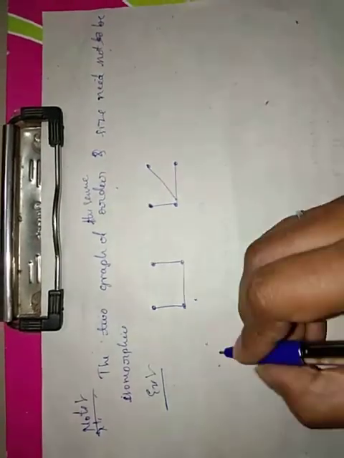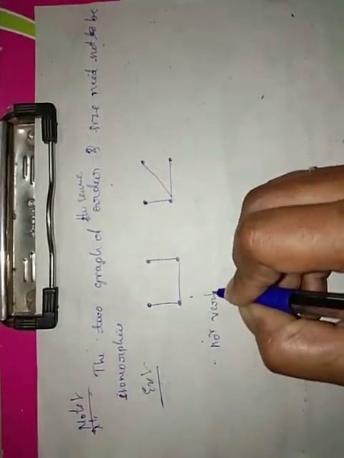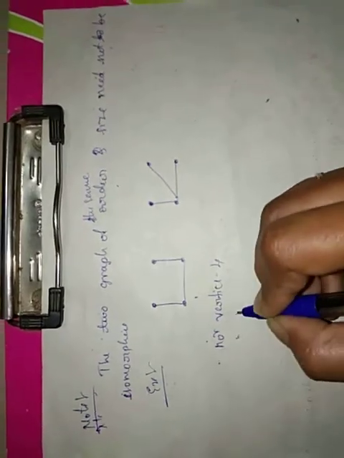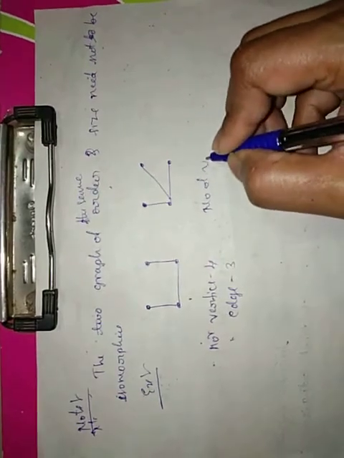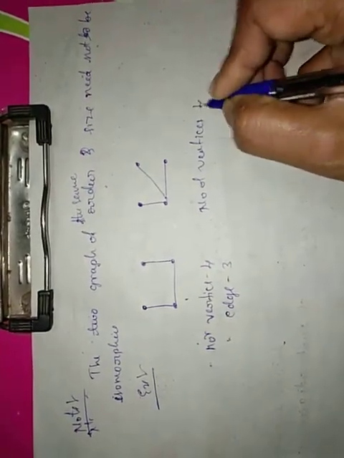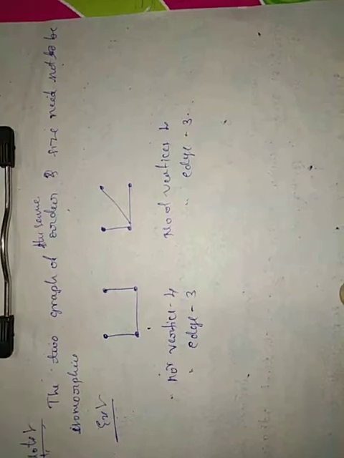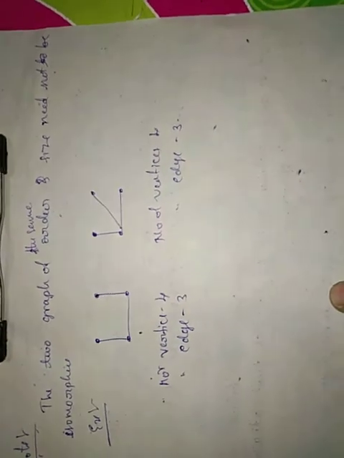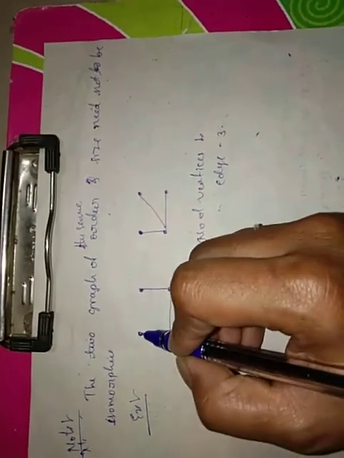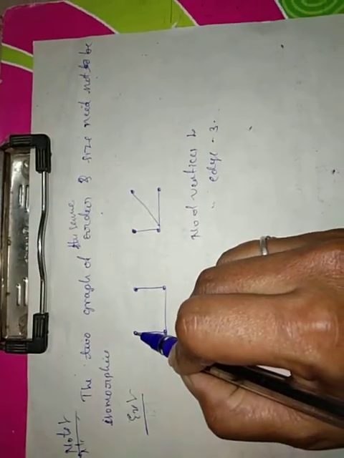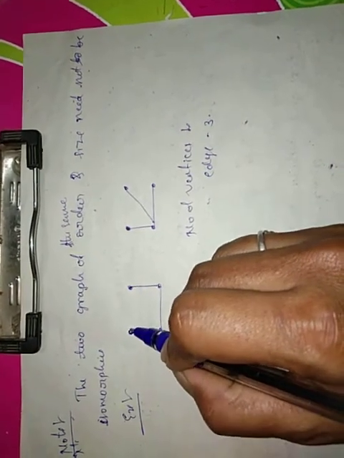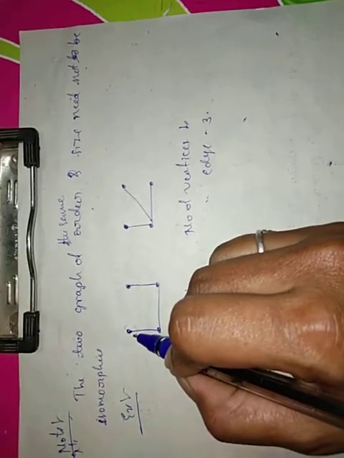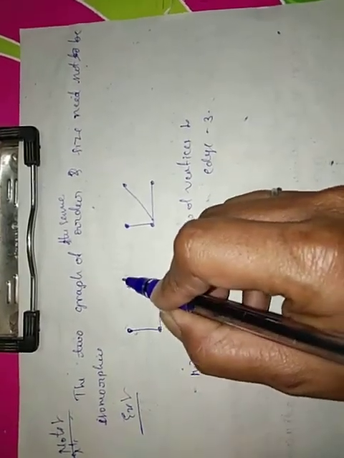See here, the number of vertices is 4 and the number of edges is 3. And here also the number of vertices is 4 and the number of edges is 3. But adjacency of the vertices is not preserved here. The degree of this vertex is 1, the degree of this vertex is also 1, and this one is also 1.